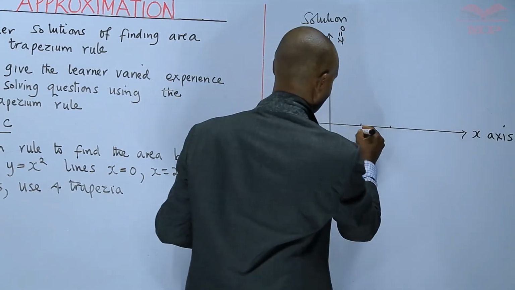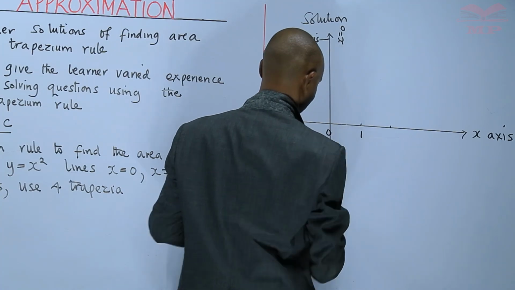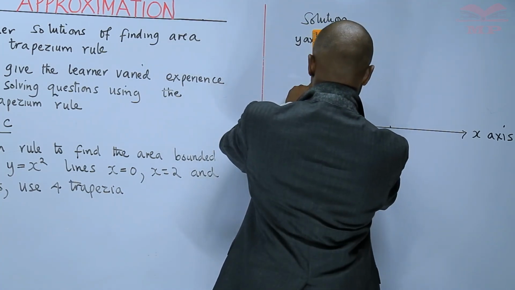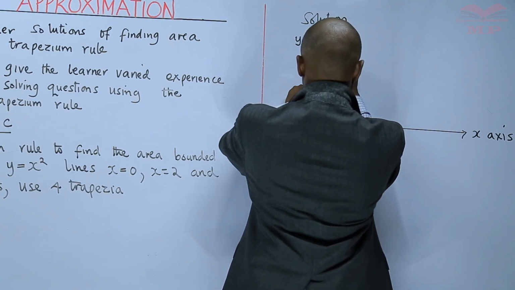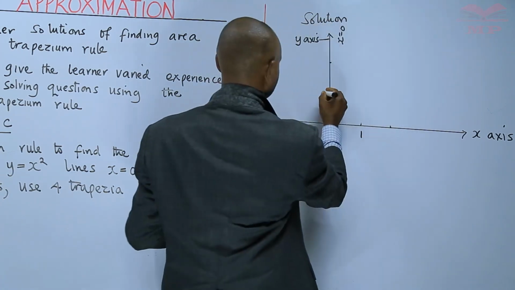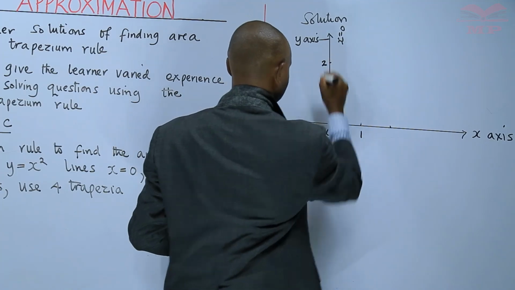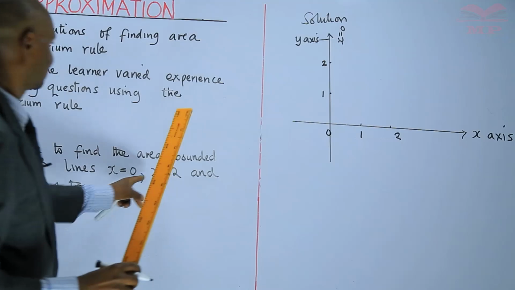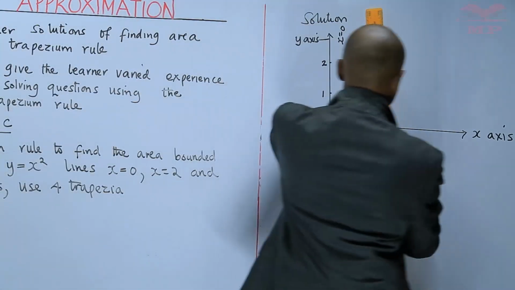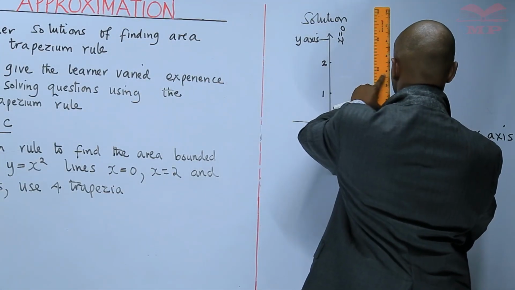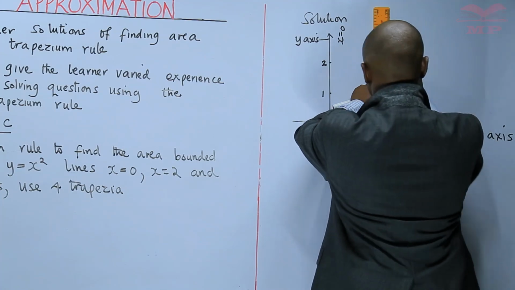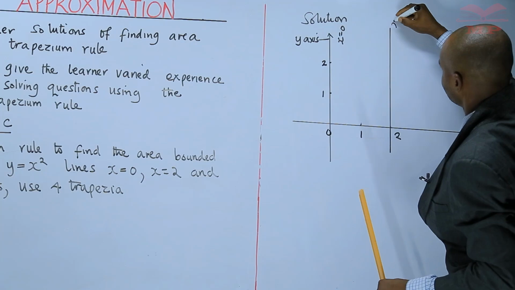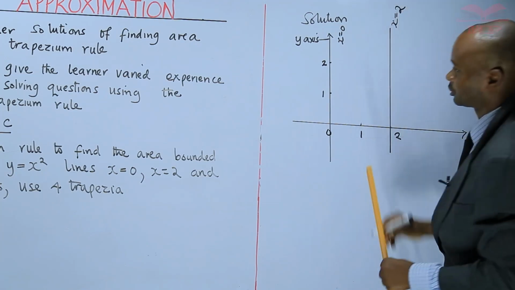So you'll have 1, 0. Roughly, I'll have 1, 2. So the other line, x equals 2, is actually here. That is the line x equals 2.